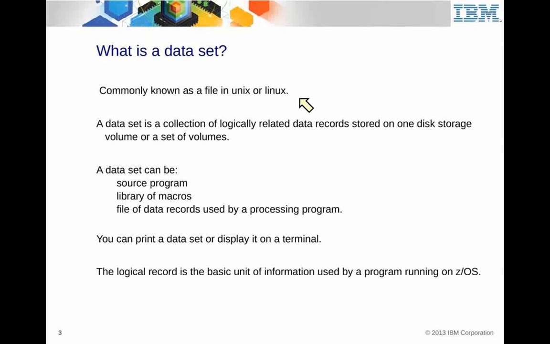Tape volumes and disk volumes are commonly called volumes. So when you use the word volume, it could be a tape volume or a disk volume. A data set can store a source program, just regular data records. And as you've seen, you can print data sets or you can display data on your terminal.